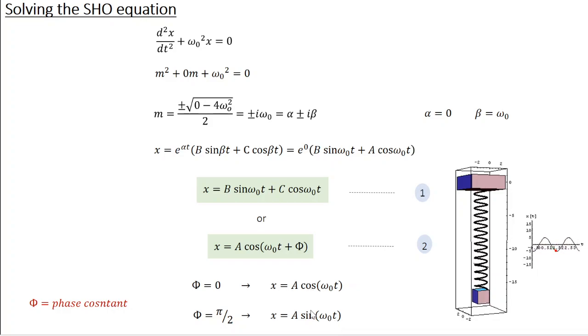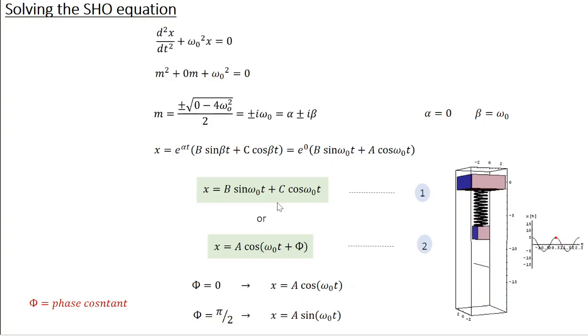So in any case, you can note that the solution is a harmonic function. So you can look at the solution here, x as a function of time. Whether it is a sine function or a cosine function, you can see that x is varying sinusoidally as a function of time. Or the most general solution, as I noted here, is a linear combination of these two sinusoidal functions.